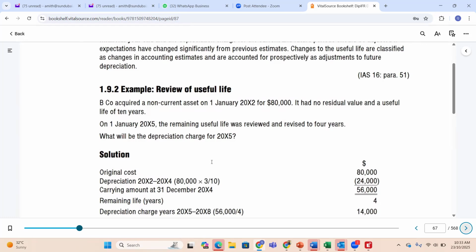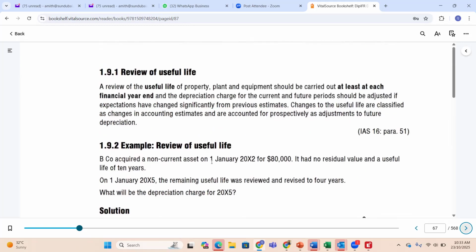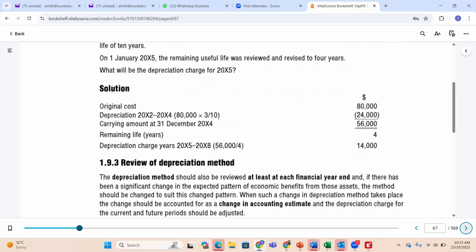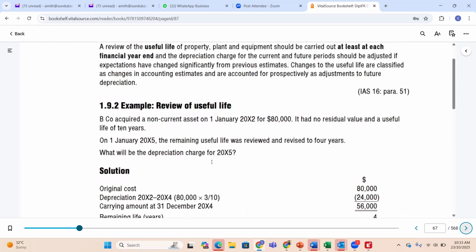I'm shifting from straight line to WDV, or WDV to sum of digits method, a change in depreciation method. Useful life is clear. Depreciation method, prospectively or retrospectively? Prospectively. Estimate. It is an estimate only.